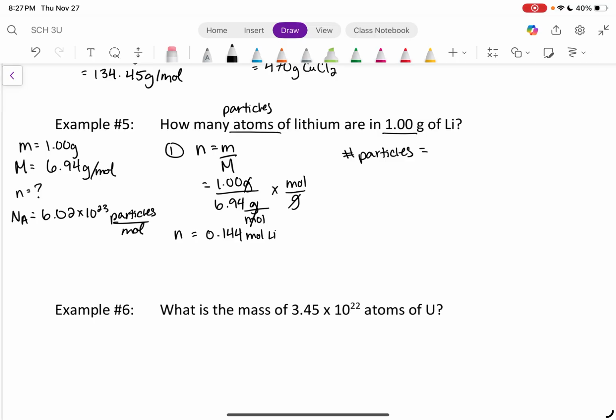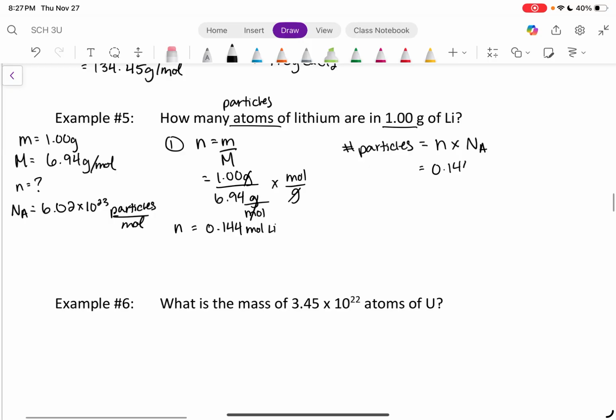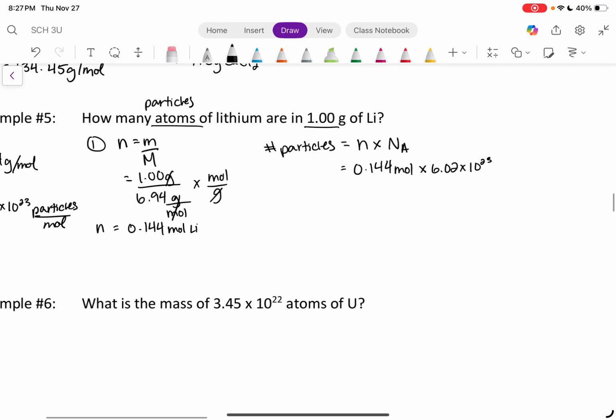So my number of particles equals my N times Avogadro's number. So 0.144 moles times 6.02 times 10 to the 23 particles per mole.